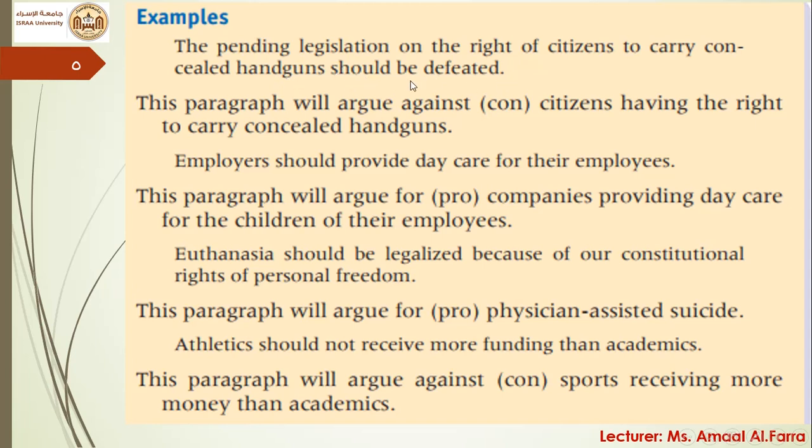From here we understand that this persuasive paragraph is against, not for. It is con, not pro. The paragraph will argue against citizens having the right to carry concealed handguns.